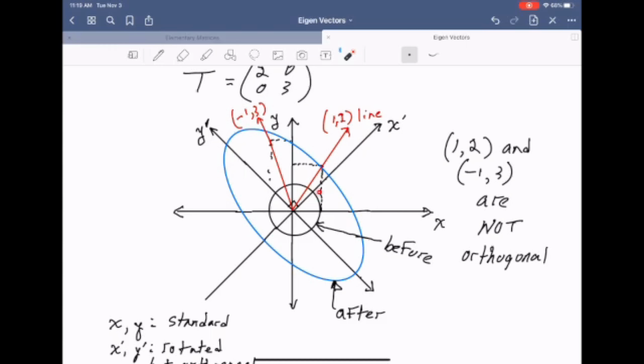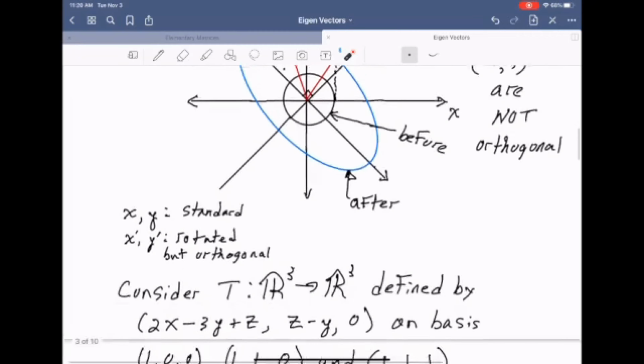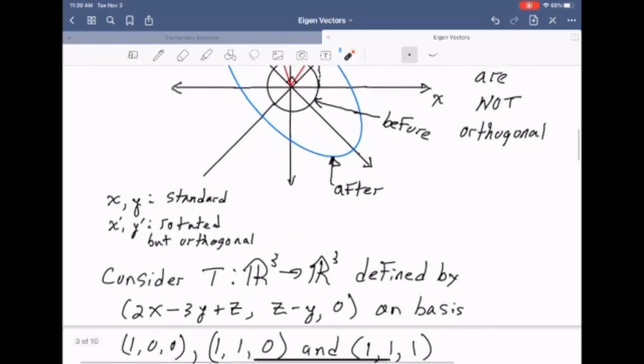Before the transformation, in the normal bases, we have our unit circle. After the transformation, we've not only stretched it along the x and y axes, but we've actually first transformed from the x to the x' basis. We've rotated it and kept it orthogonal.